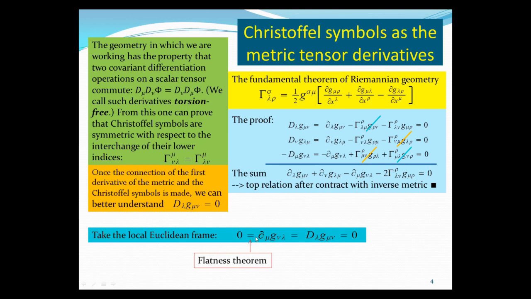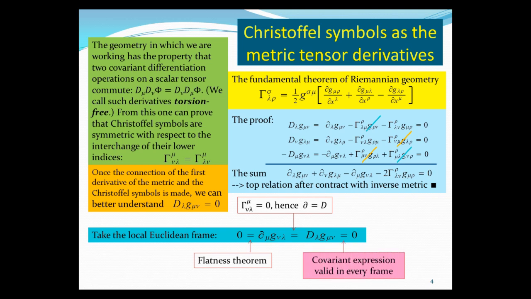The fact that the first derivative vanishes is of course the flatness theorem. And we replace the ordinary by the covariant derivative because the Christoffel symbol vanishes in this frame. So we have the covariant derivative of the metric equals 0. Now, we have only proven this in the local Euclidean frame, but because it's a covariant expression, when it's valid in one frame, it's valid in all frames. So we prove in general that the covariant derivative of the metric is equal to 0.